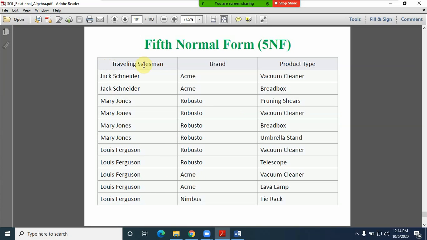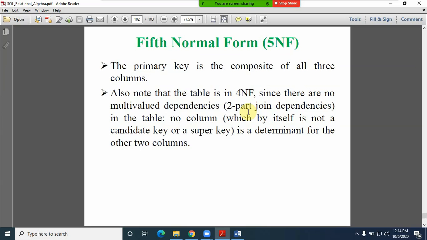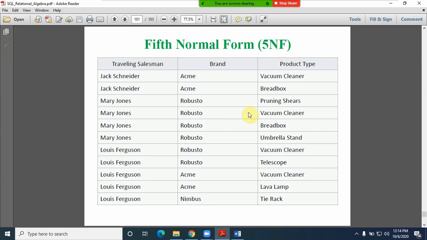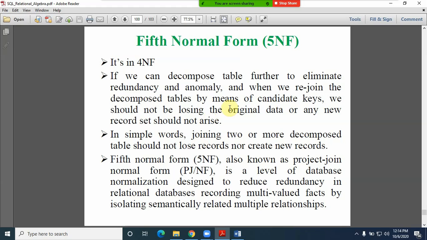Because if I am saying traveling salesperson, I cannot take this as a candidate key or a determinant. And if I am taking brand, I cannot take this as a candidate key or a determinant. And product type. So if you are referencing this, definitely the table is in the fourth normal form, no multi-valued dependencies. But according to our requirement, we need to split the table.